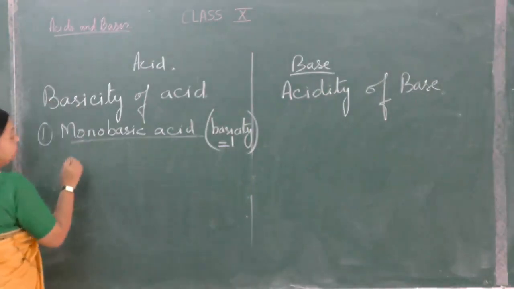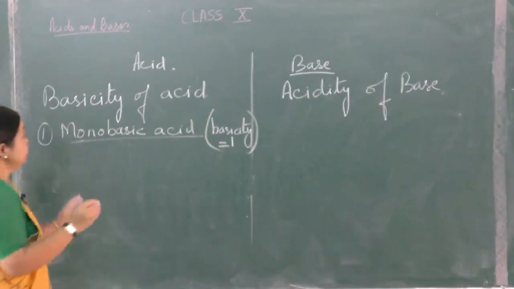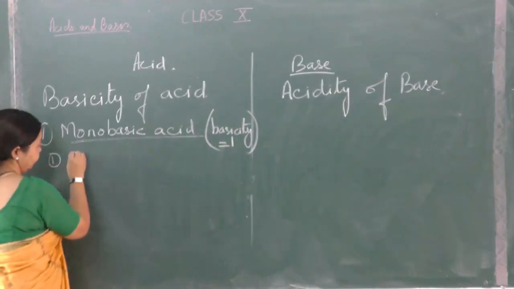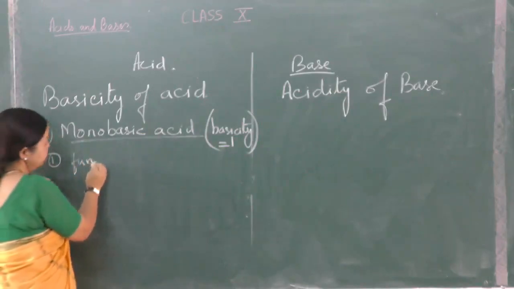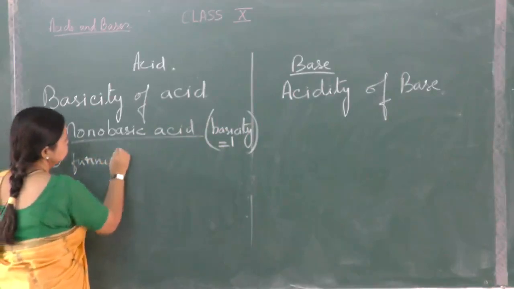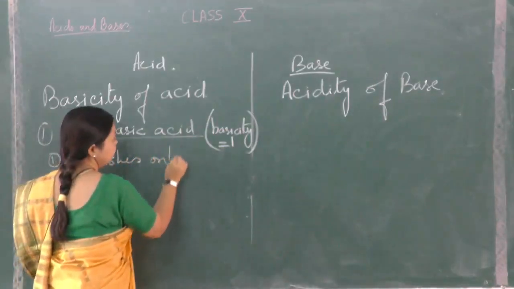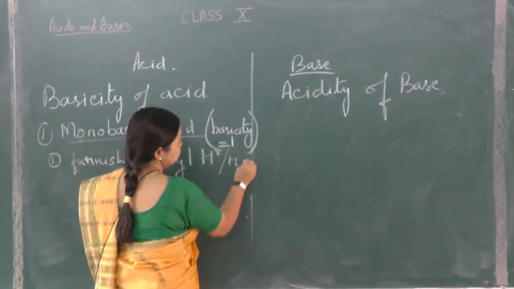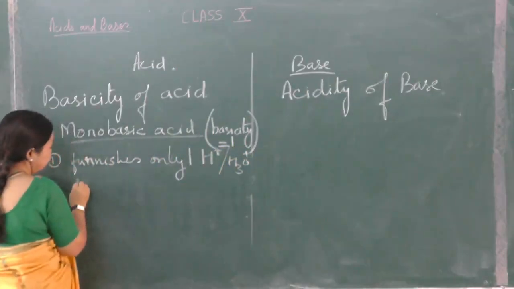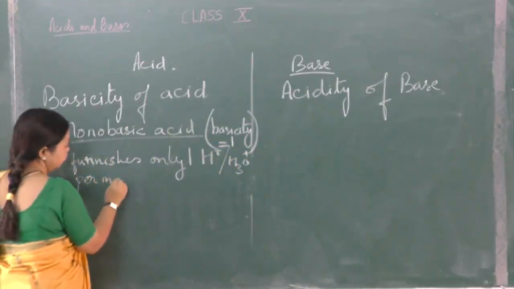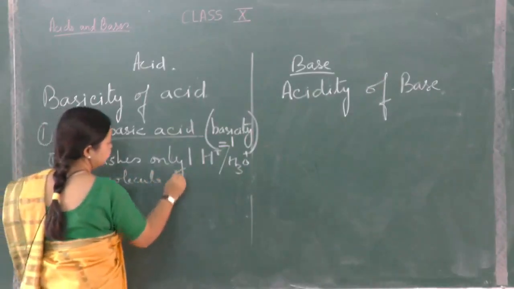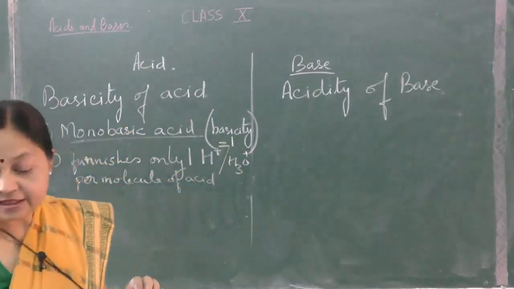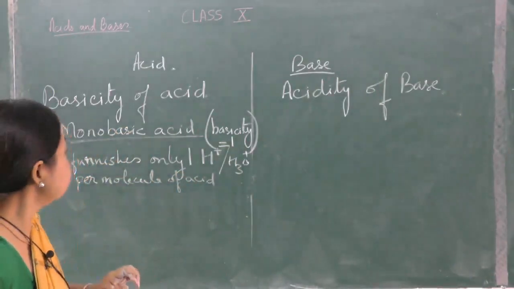So the first point is that the acid in aqueous solution furnishes or produces only one H plus or H3O plus per molecule of acid. Then it is called a monobasic acid.